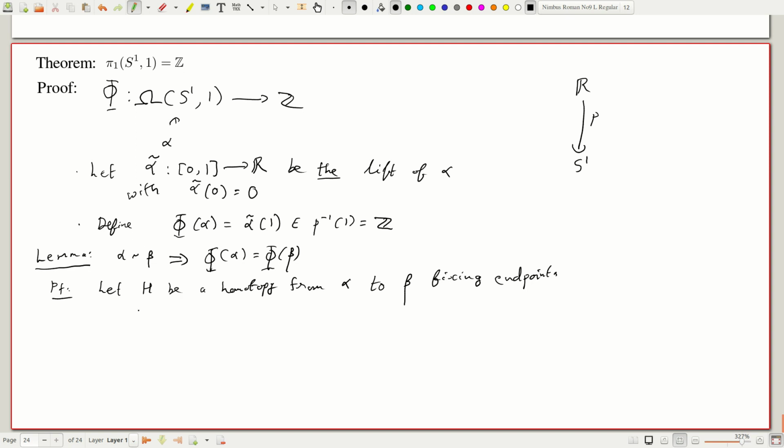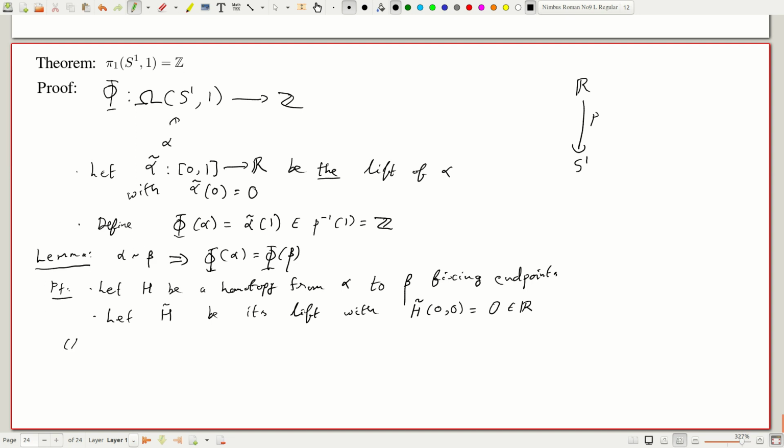And then let H tilde be its lift. Well, I have to specify the starting point, and of course H tilde of (0, 0) is going to be equal to 0. This is in the real numbers.